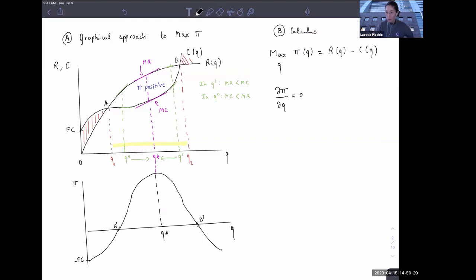In other words, the slope of the profit function at Q star is going to be horizontal. And if you look at our second graph here, you can see that the maximum is reached when the marginal profit, so the slope of the profit function here, is 0. Okay, so this is the condition we are looking for.